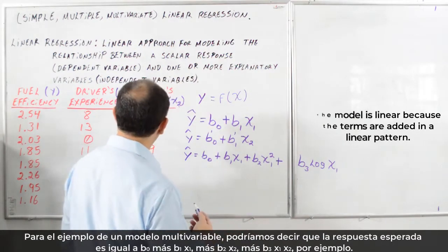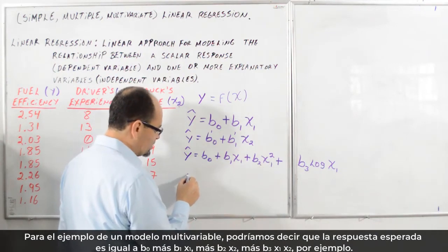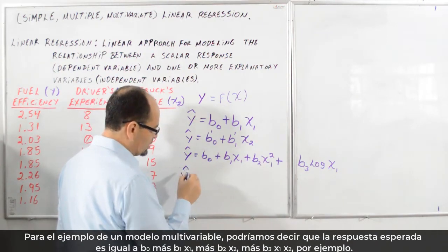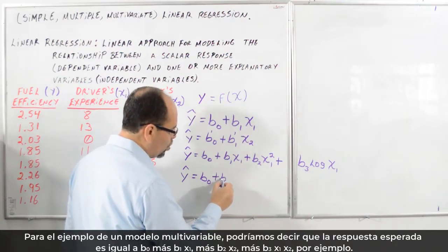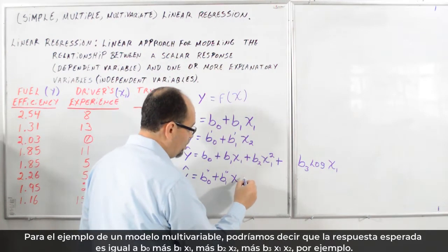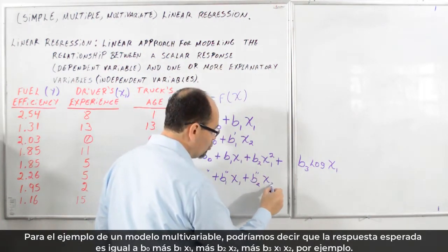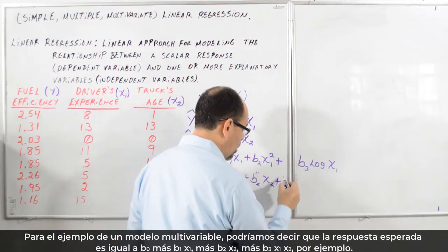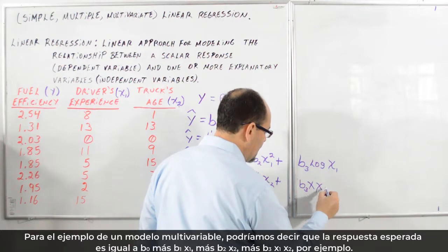What will be the multivariate? A multivariate, for instance, will be expected response is equal to V0 plus V1 x1 plus V2 x2, plus V3 x1 x2.